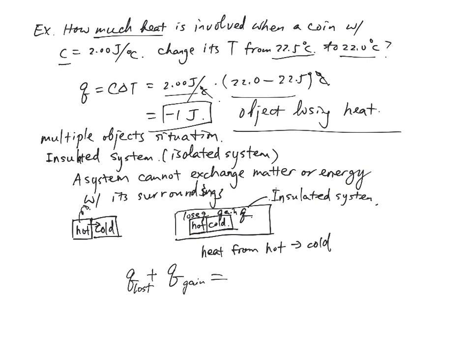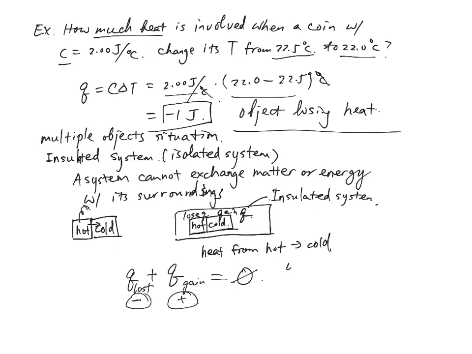So the hot object has a negative Q value, and the cold object would have a positive Q value. And put them together, because energy is conserved, you get this big zero.